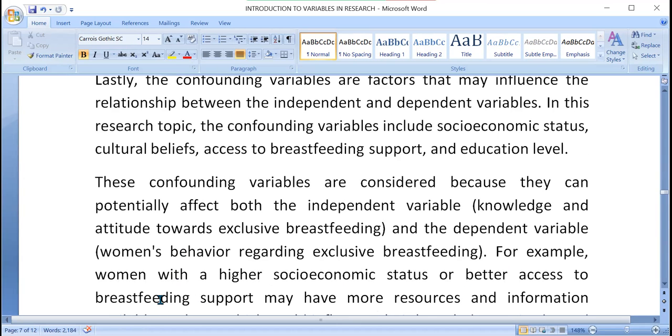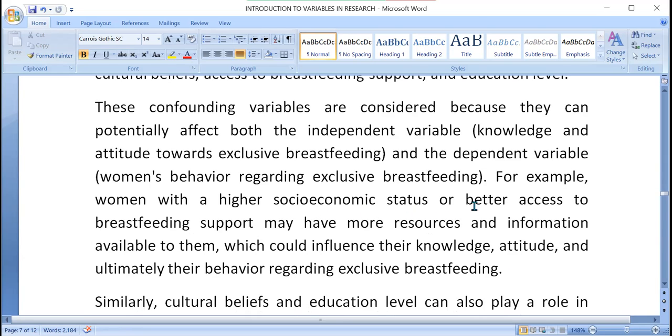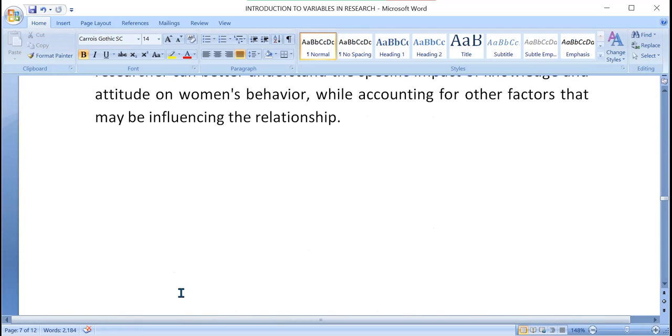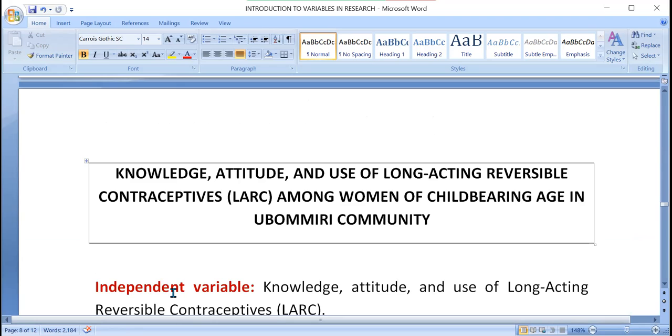For example, women with higher socioeconomic status or better access to breastfeeding support may have more resources and information available to them, which could influence their knowledge, attitude, and ultimately their behavior regarding exclusive breastfeeding. Similarly, cultural beliefs and educational level can also play a role in shaping women's knowledge, attitude, and behavior towards exclusive breastfeeding.